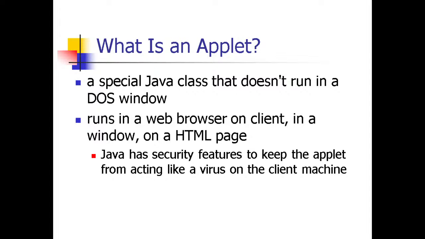So the security features of Java treat whatever is downloaded from the internet, because the applet is opened in the browser, as a potential virus. So on the client machine it will be stored in a separate folder.